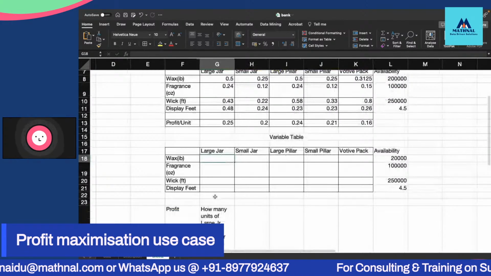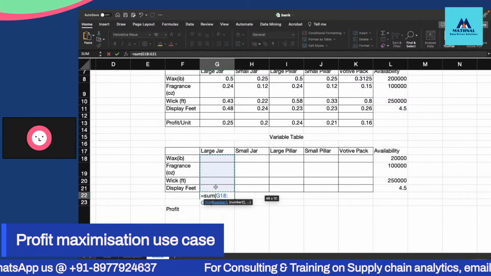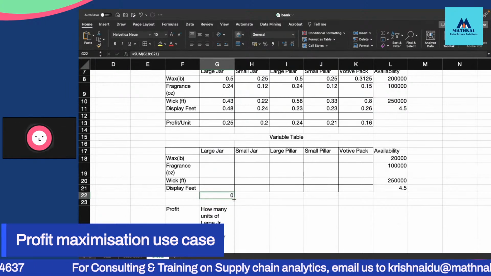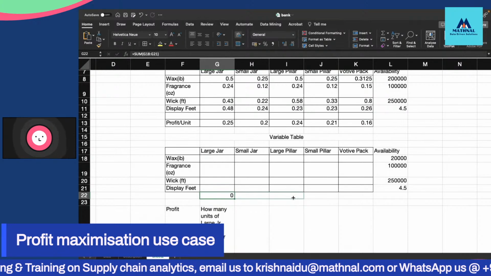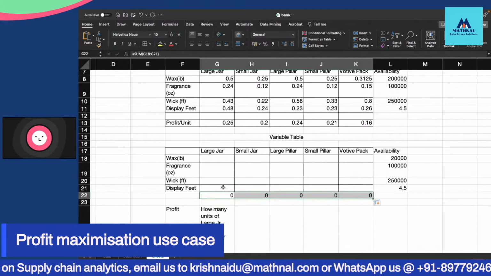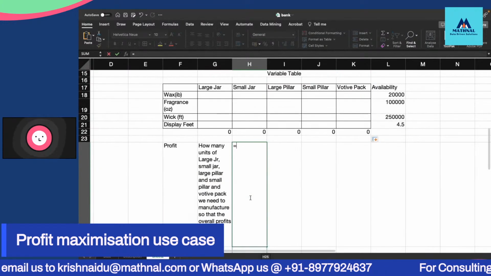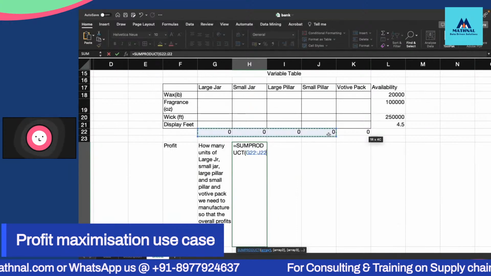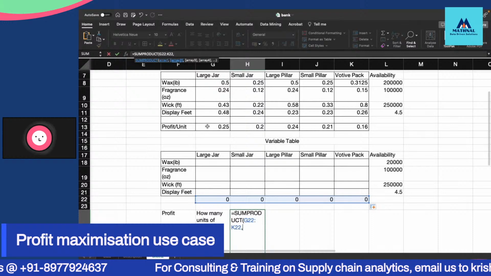So let me find the sum here. How many products of large jar will we make? How many products of small jar are we going to make? Large pillar, small pillar, and votive pack. This is what we have to make. And finally, we have to take the sum product of the number of products into the profits from each product.